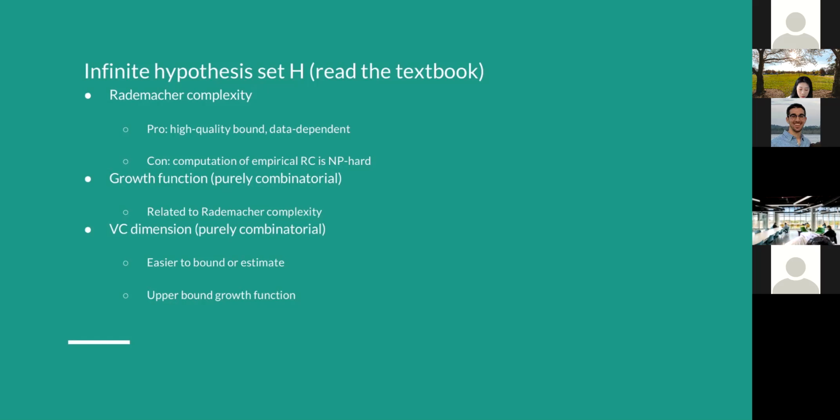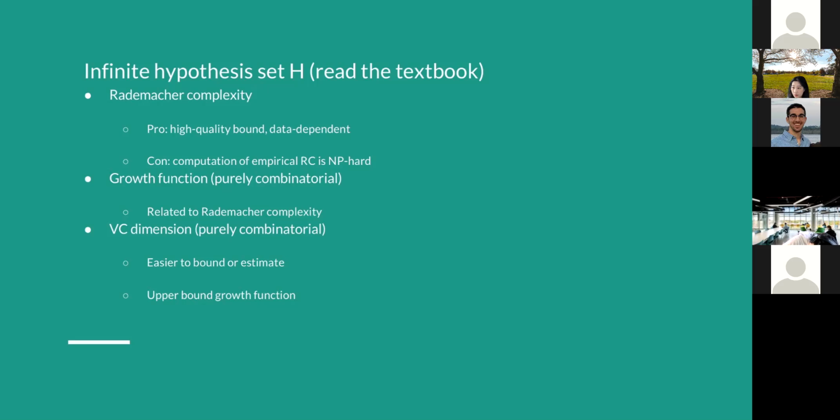So that's nice, but the drawback of the Rademacher complexity is that it's oftentimes very computationally expensive, and sometimes it is even impossible to compute even the empirical Rademacher complexity. Okay, we'll see some examples later. So that's why people are thinking about relaxing Rademacher complexity, right?